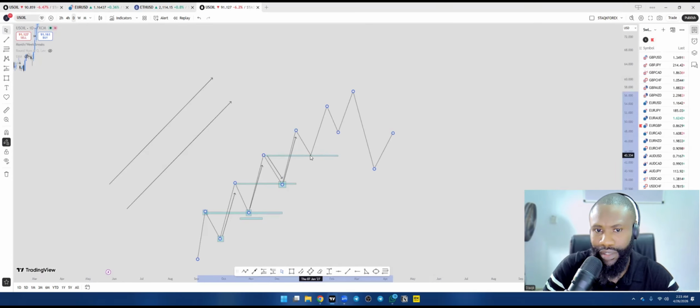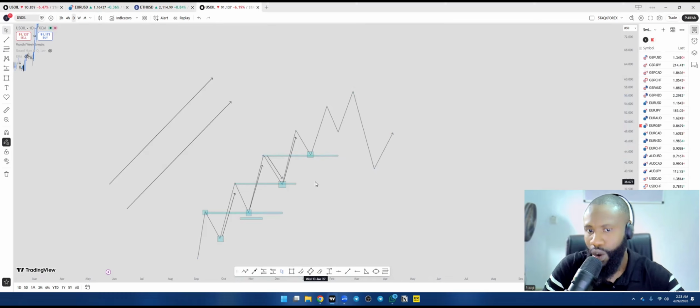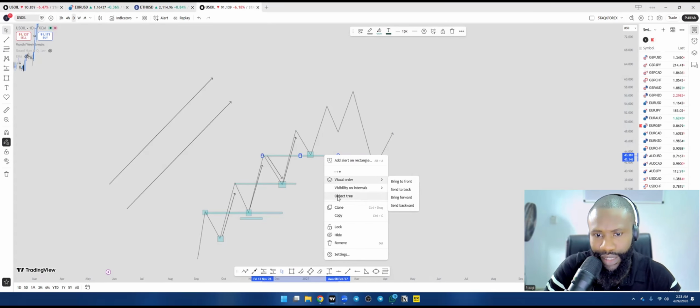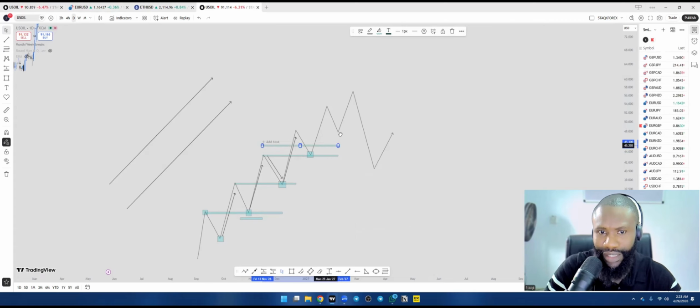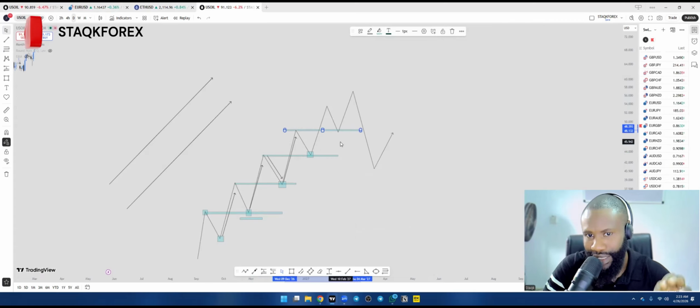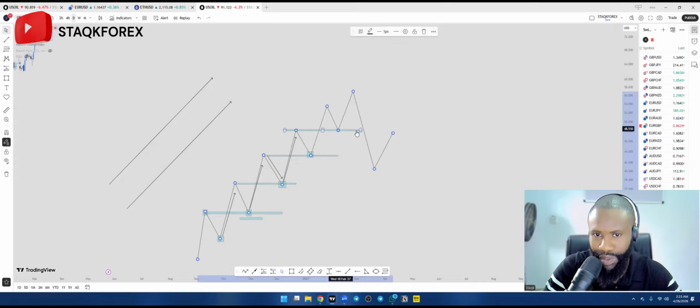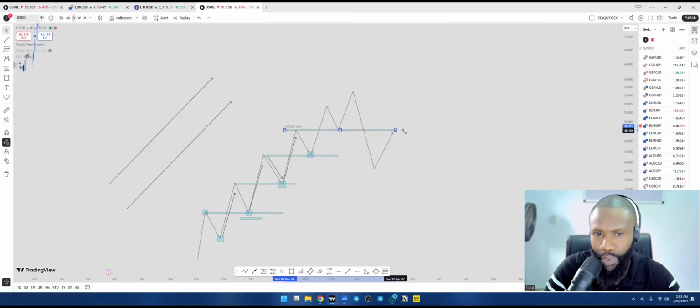Then I'll wait for price to retrace and come back to retest this level. That is when I will look for an opportunity again to join the trend. Remember, we are buying because we are on a bullish trend. So now, same thing, you continue like this till price changes direction.